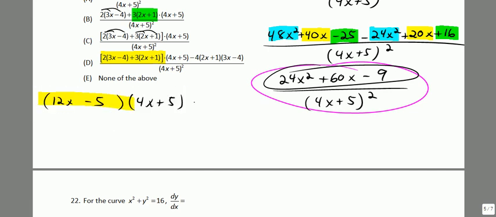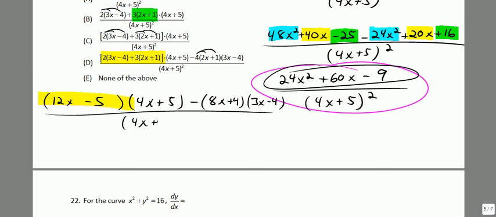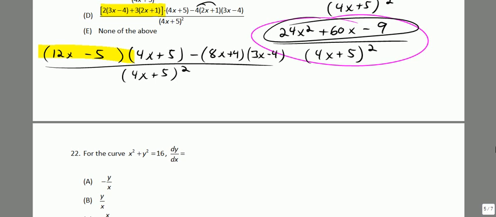And you're going to take away, I'll distribute this 4 in, so take away 8x plus 4 times 3x minus 4, all over 4x plus 5 squared. Okay, so I got a couple things to FOIL here. First, outside, inside, last.